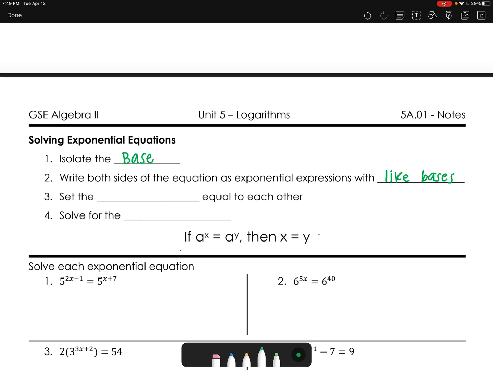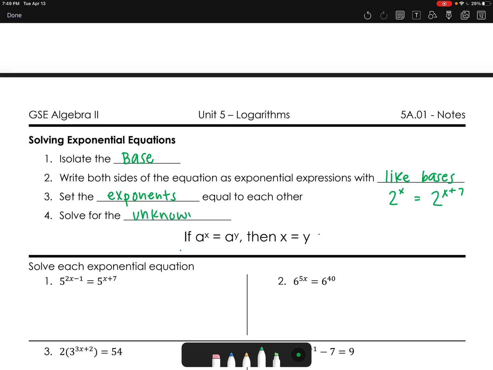By like bases, I mean 2 to the x equals 2 to the x plus 7, something like that, where your numbers here are identical. I don't care what's up in the exponent spot, but what is on the ground needs to match. From there, you will set the exponents equal to each other, and then solve for the unknown.